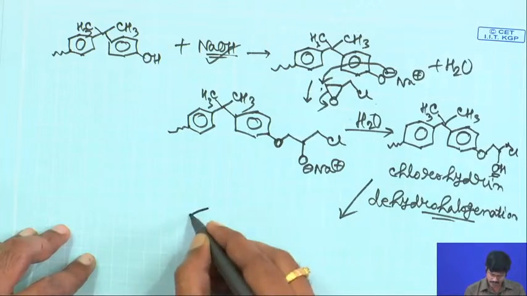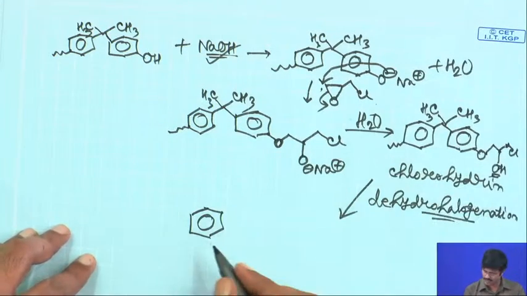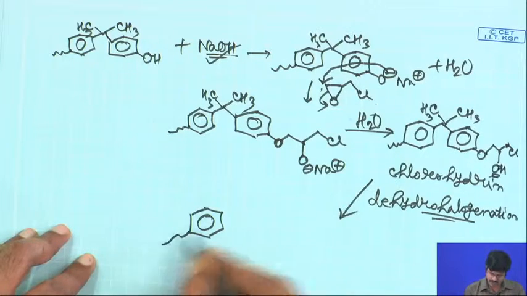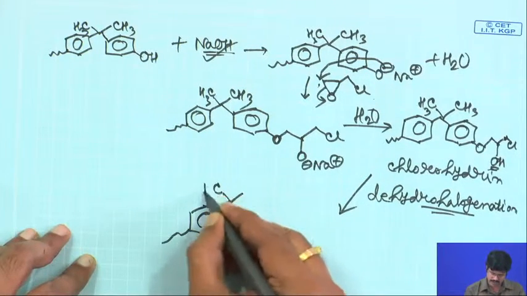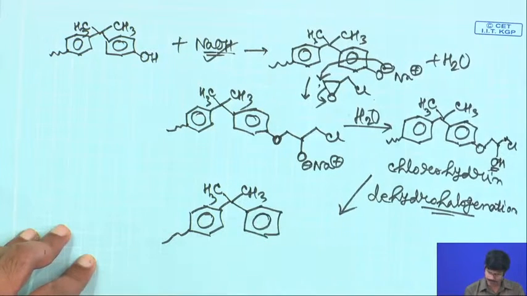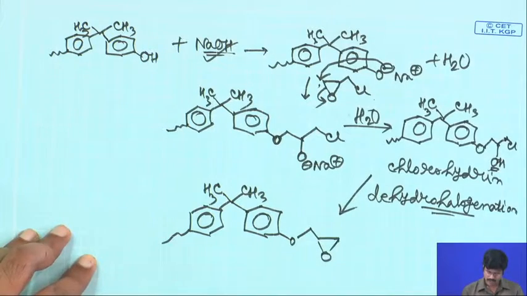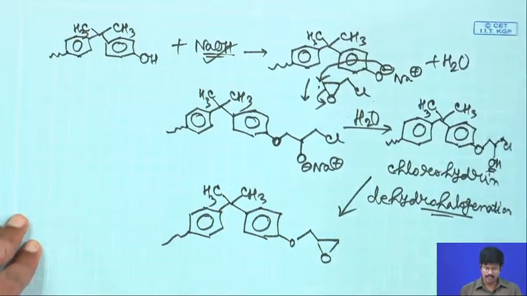So, ultimately you will have a dehydrohalogenation with a stoichiometric amount of base for the last step, and this will be your product. So, you have CH3, and so this is your product.